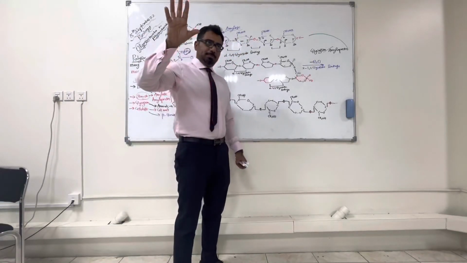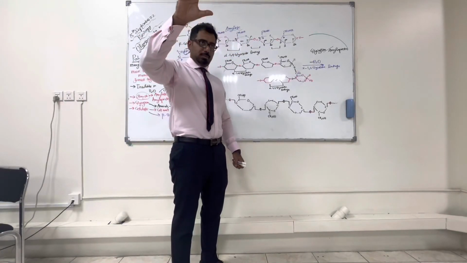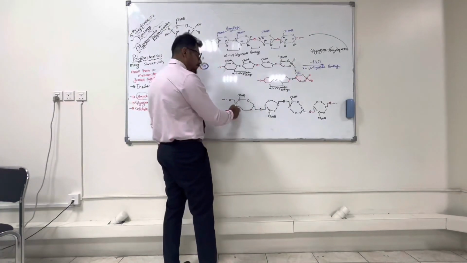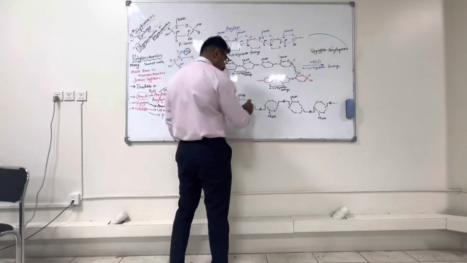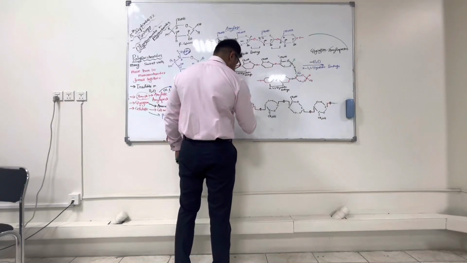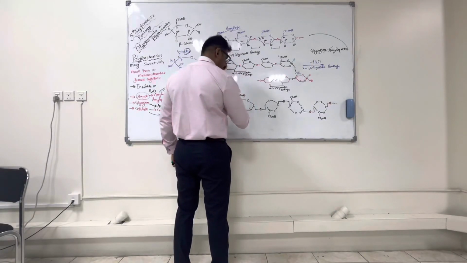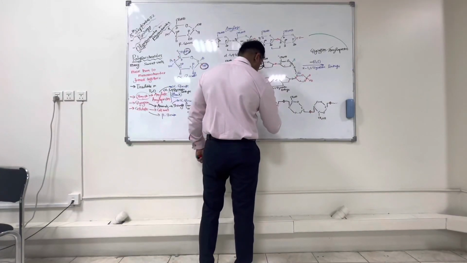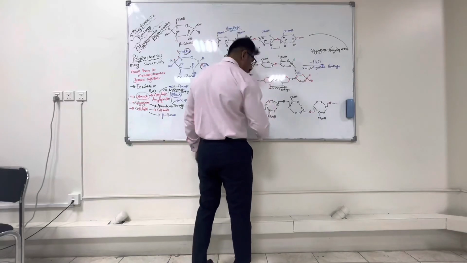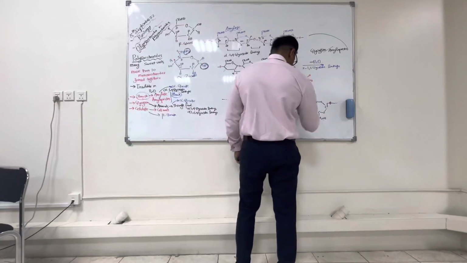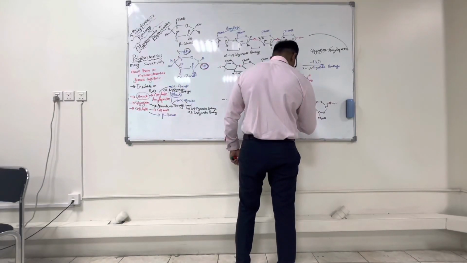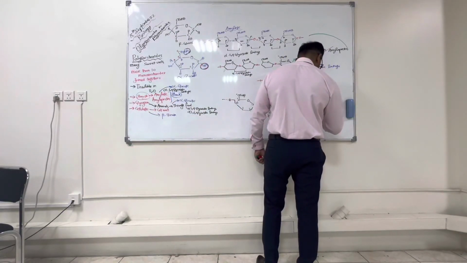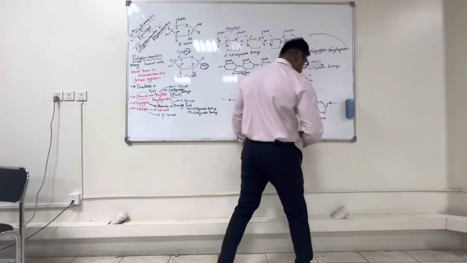Now look here. Let's do the numbering. You have to write down this hydrogen hydroxyl, you will do later, right? For me, 1, 2, 3, 4, 5, 6.